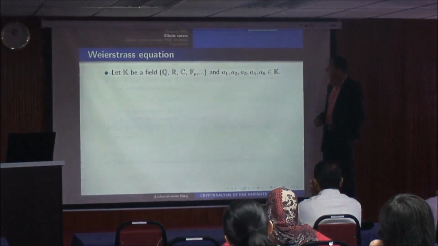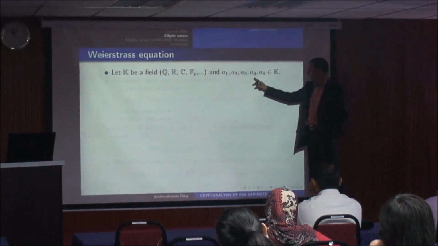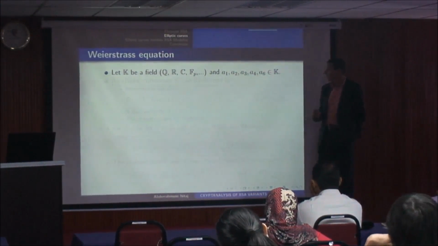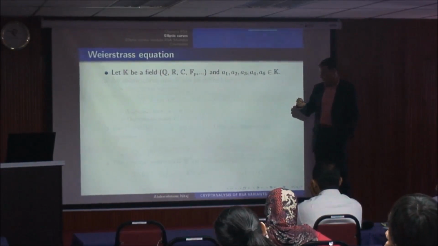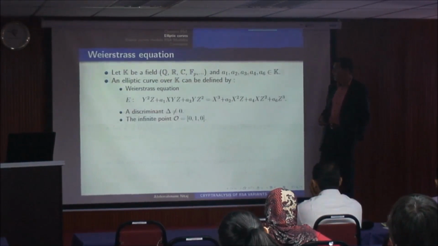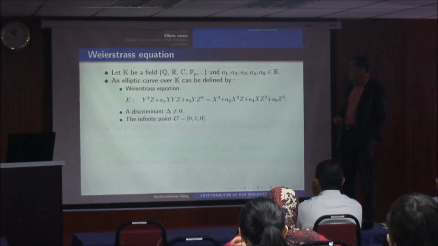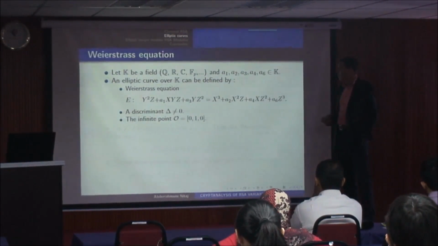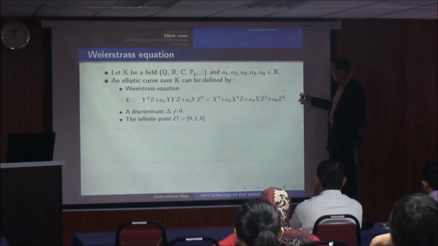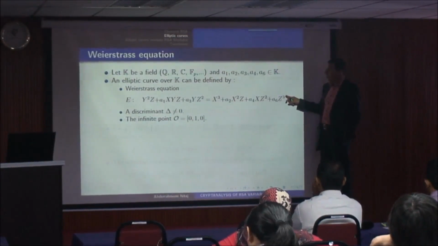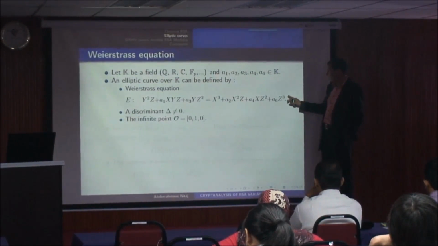And a1, a2, a3, a4, and a6 are from this field. An elliptic curve over K can be defined by its Weierstrass equation, and the Weierstrass equation has these parameters.